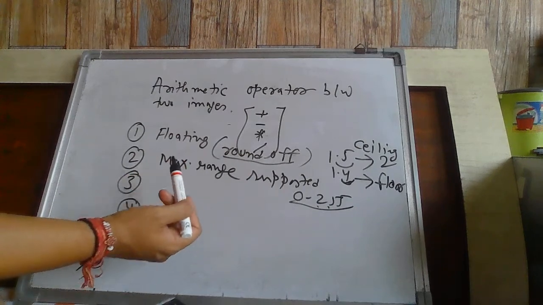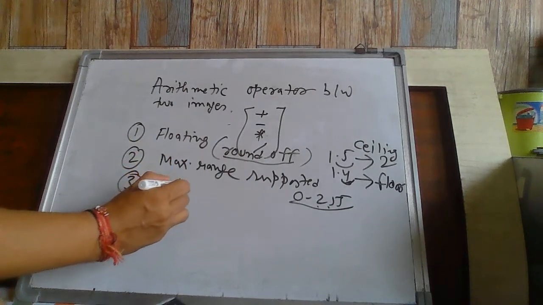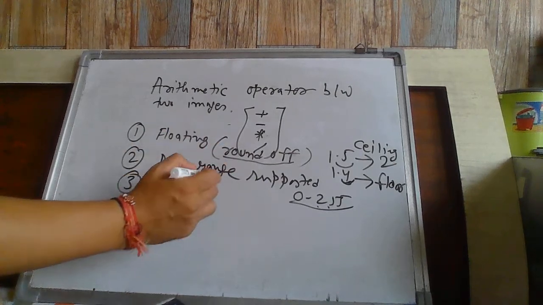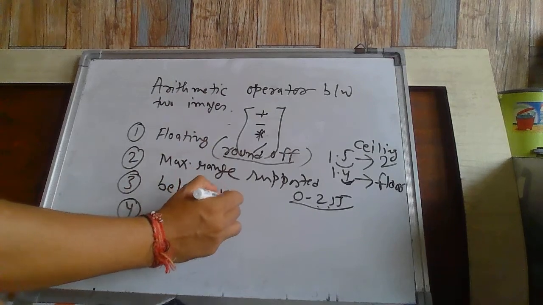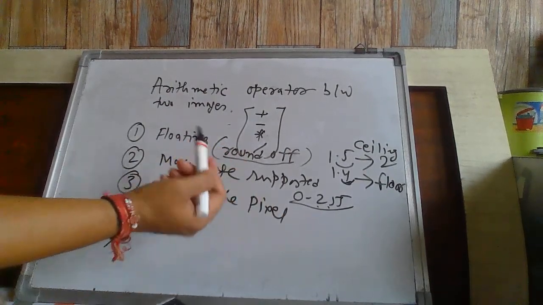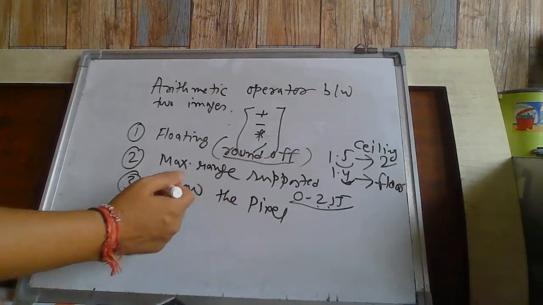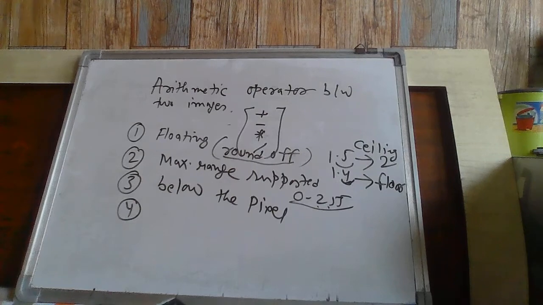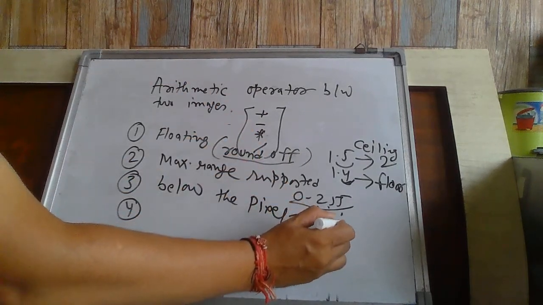Third point: sometimes you may get a value below the pixel range. After division or subtraction you may get a value below the range, such as a negative number. In that case, you always replace it with its minimum value.